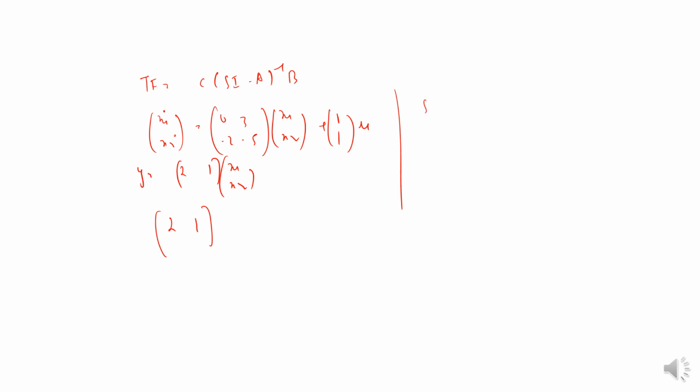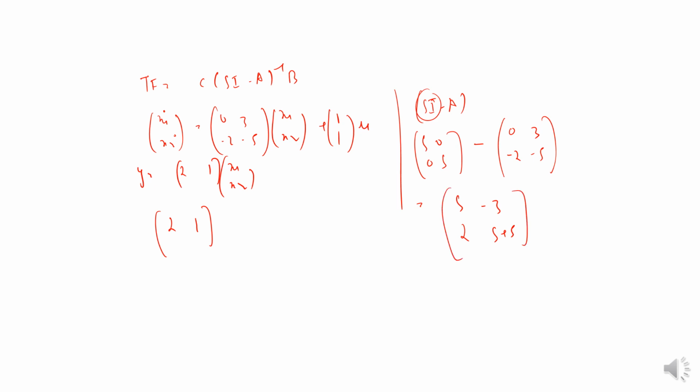What we have to find is sI minus A. sI is s, 0, 0, s, minus A, which is 0, 3, minus 2, minus 5. This is equal to s, minus 3, 2, s plus 5. So the value of sI minus A is this.